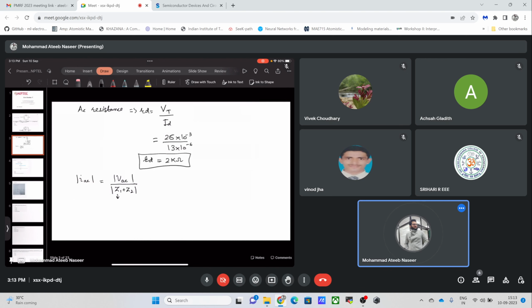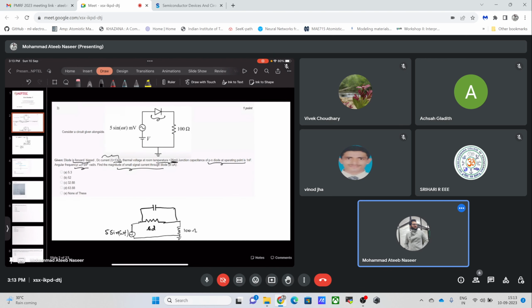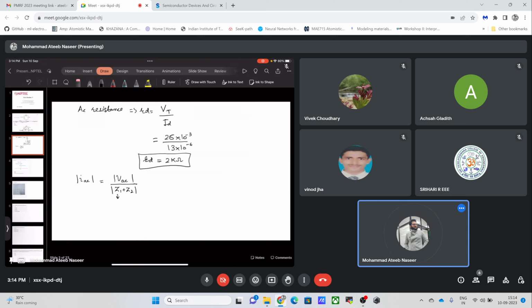Let me call this impedance Z1, which includes minus j times XC, the reactance of the capacitance, and this other one Z2. So Z1 is simply equal to RD parallel to minus jXC, the impedance of this capacitance, and Z2 is simply equal to 100 ohm.